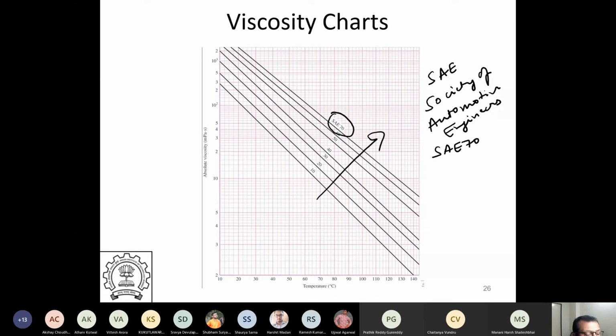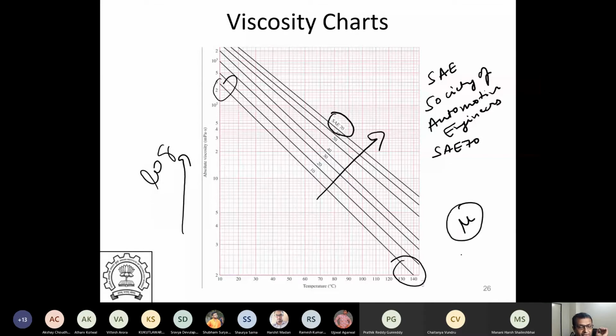And at 10 degrees centigrade, it's very viscous. This is a log scale, only viscosity is in log scale. And you see there's a significant reduction in viscosity as you heat it. Viscosity being lower means the film thickness will not be able to form, because mu is also an important part in film and pressure formation. You see, the Reynolds equation has mu right there.